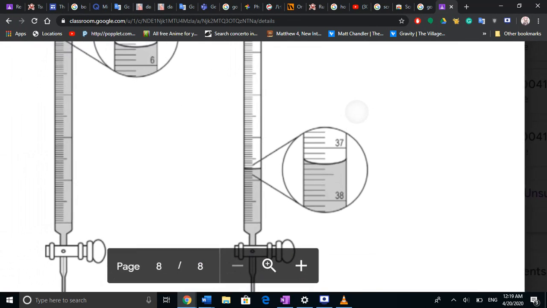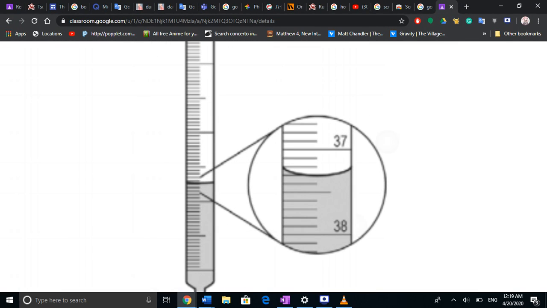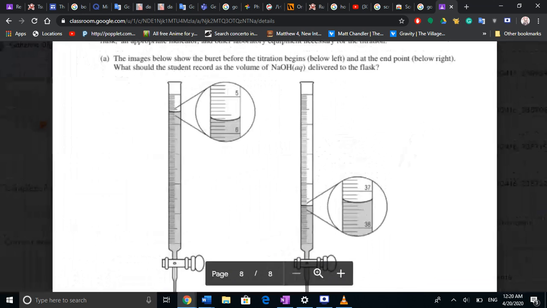Over here, our final amount is past the 37 mark, and there are about 9 tick lines. So this one is going to be 37.30 mL.